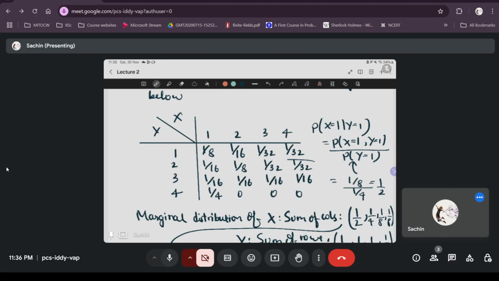So even when proving capacity, you take a sequence of random variables where the number of random variables is going to infinity. But in practice, nobody can actually use that.